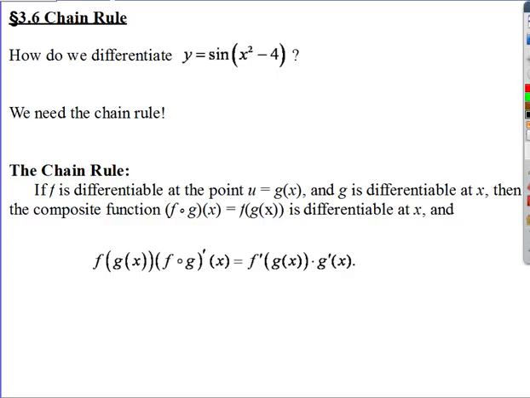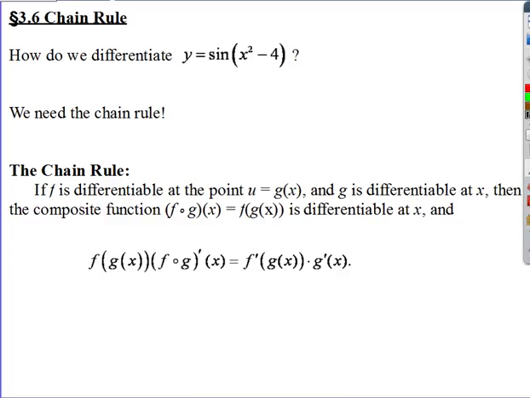Okay, so here's the chain rule, and I know it looks crazy, but this right here should have an equal sign between these two. And if we want to find the derivative of f of g of x, it's the derivative of the outside, which would be f prime, leave the inside alone, times the derivative of the inside.